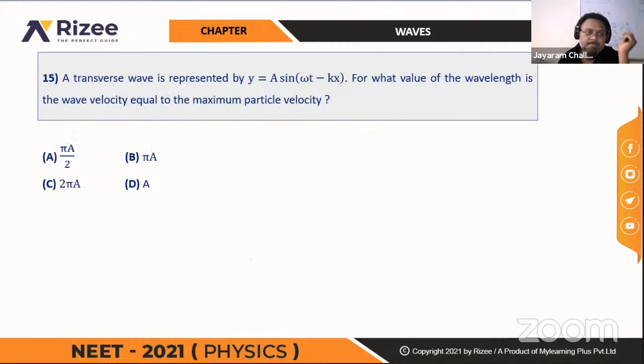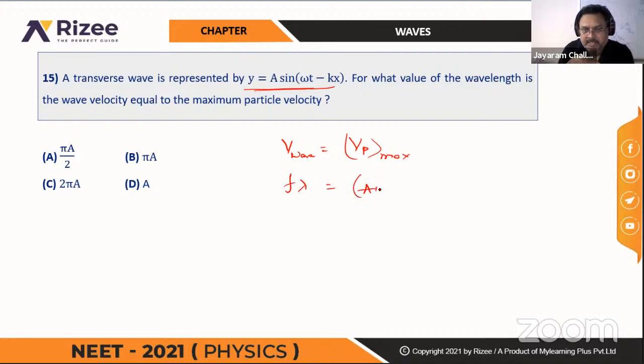Next one. A transverse wave is represented by the equation y is equal to a sine omega t minus kx. For what values of the wavelength is the wave velocity equal to the particle's maximum velocity? Wave velocity means frequency into lambda is equal to the particle's maximum velocity, a into omega.